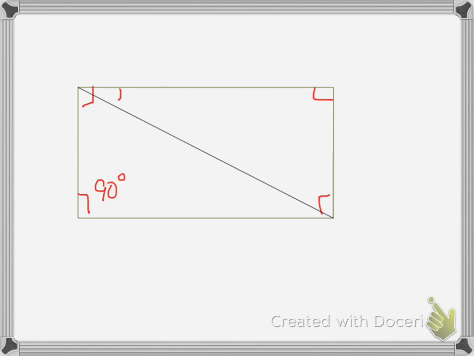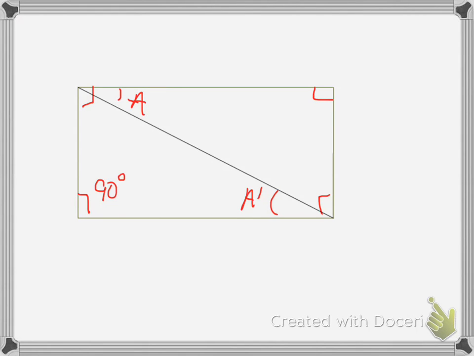Maybe I'll call this angle A. Can you find an angle in the bottom triangle that is congruent to that angle? And what you'll notice is that this angle right down here, we'll call it A prime, would be congruent because those are alternate interior angles.